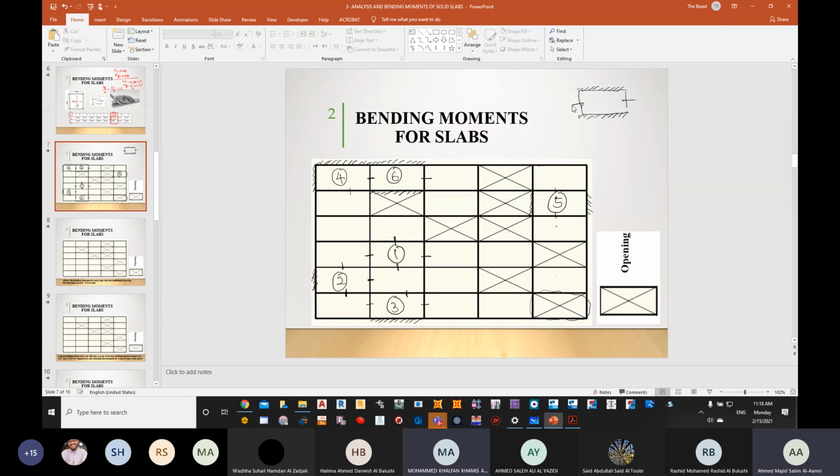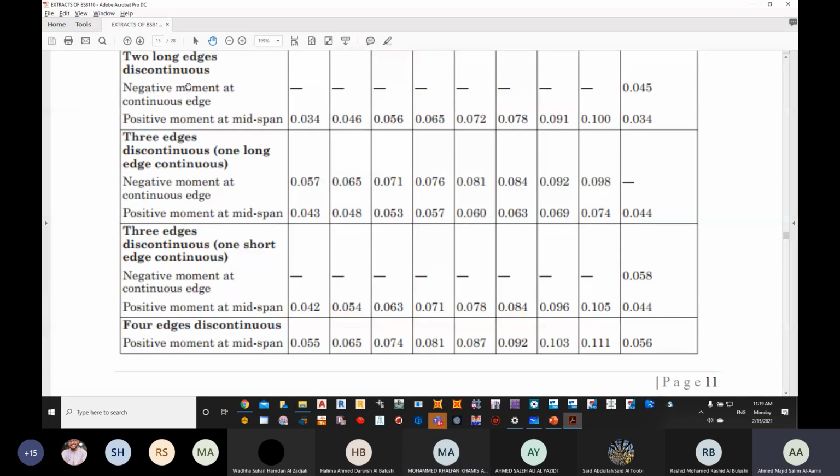Now the discontinuous, are they long or short? Both of them long, and the continuous are short. Okay. So the case says two long edges discontinuous. So is it the correct one? Yes.